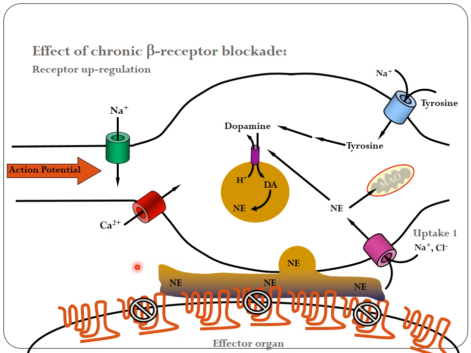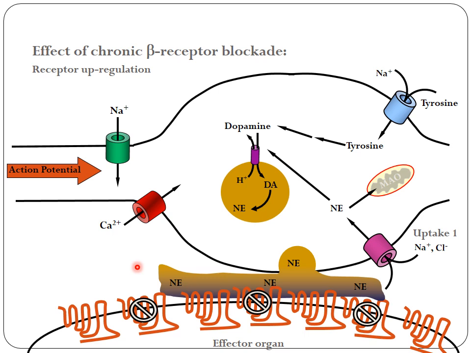Why? This biological response occurs due to signal transduction in order to maintain homeostasis. This is called receptor upregulation. This is during blockage, and it can also occur during stimulation.